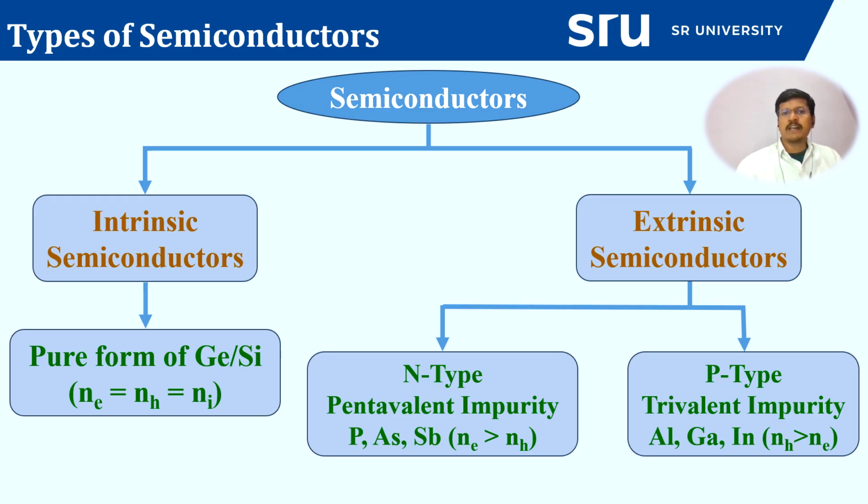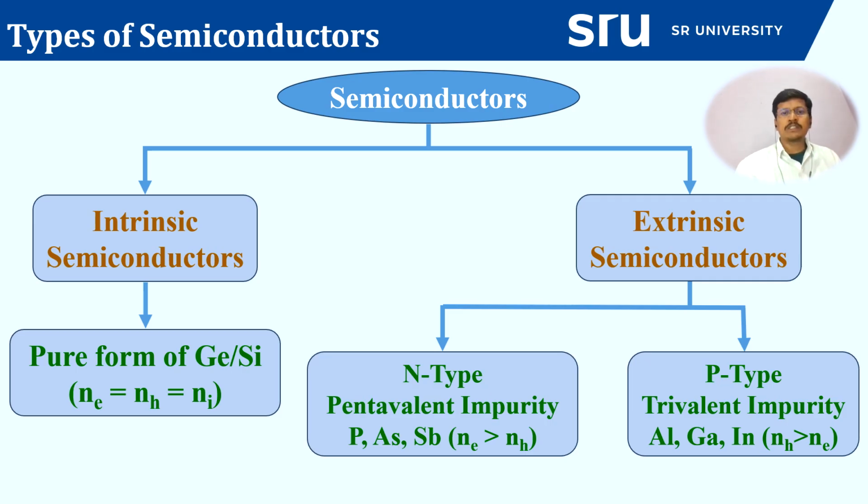The extrinsic semiconductors are further classified into two groups: N-type and P-type semiconductors. This classification mainly happens based on the characteristics of the doping element.